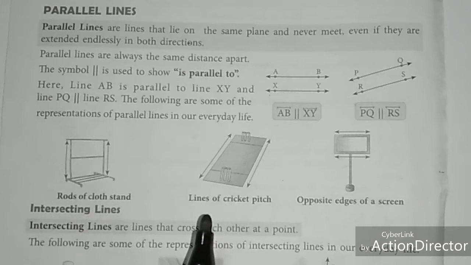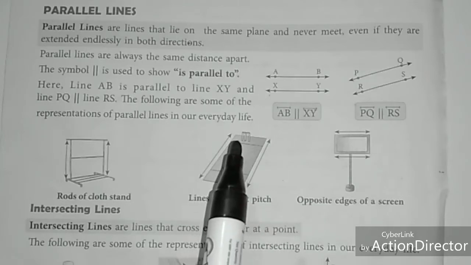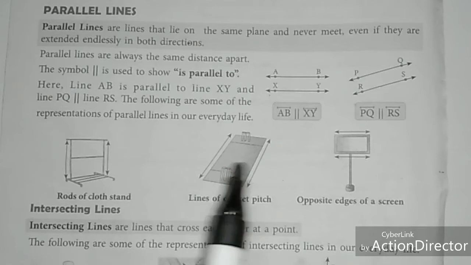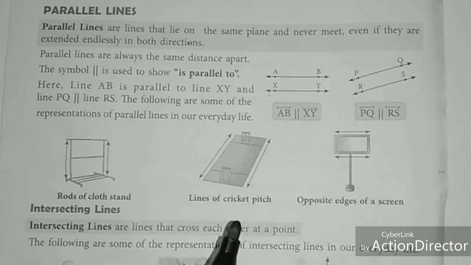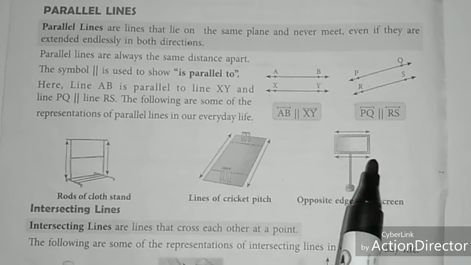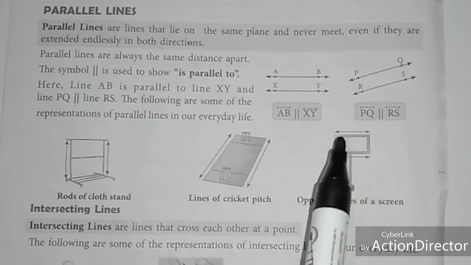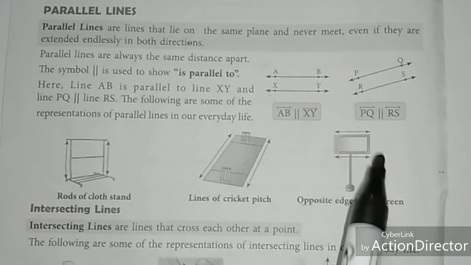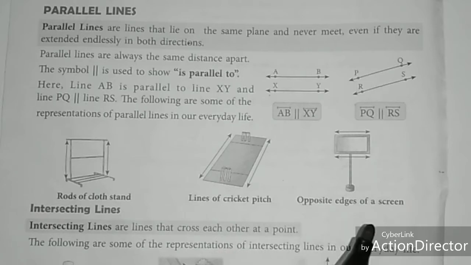The next example is the lines of a cricket pitch. These side lines are parallel to each other, and these lines also, and these three wickets are parallel to each other. The next example is the opposite edges of a screen: this side is parallel to this side and this side is parallel to this side. These are some examples of parallel lines.